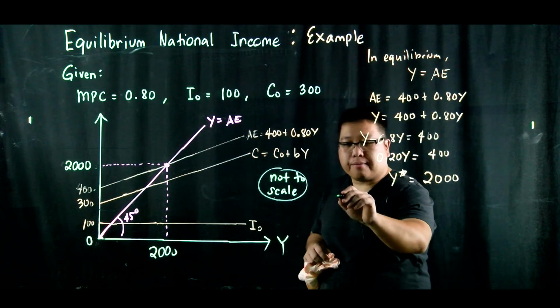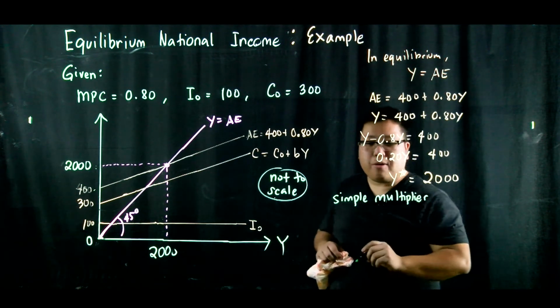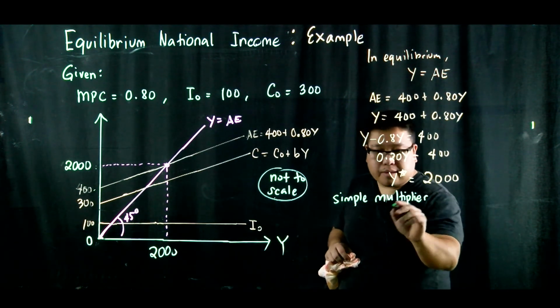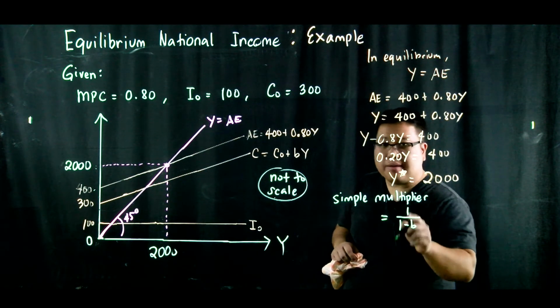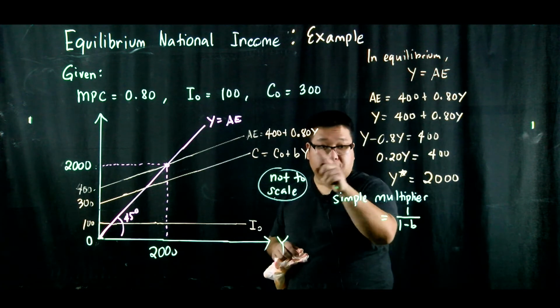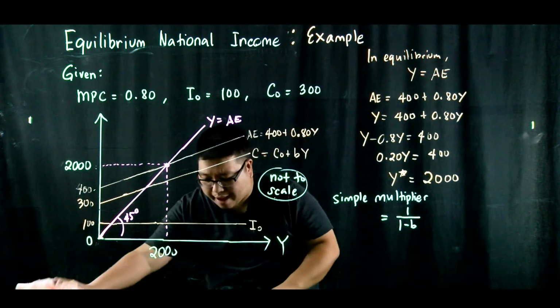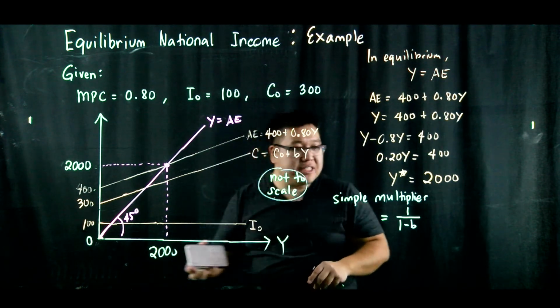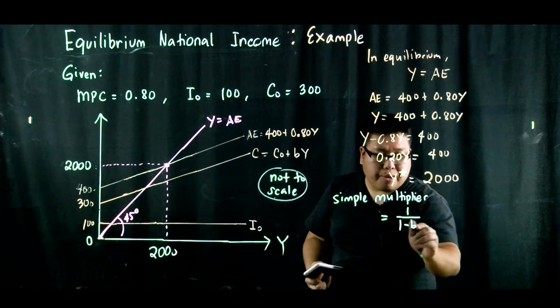All right, one more thing. The multiplier, or the simple multiplier. So the simple multiplier is given by 1 over 1 minus b. This is from the previous video. If you remember, I wrote the definition for the simple multiplier. So what is the simple multiplier in our case? Well, we know that MPC is equal to 0.8.